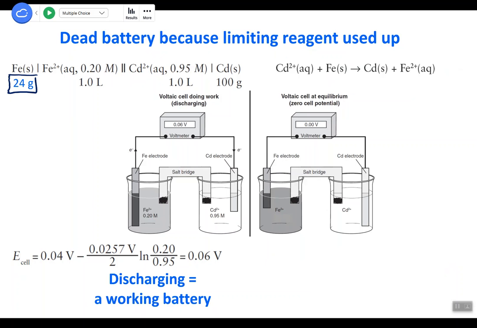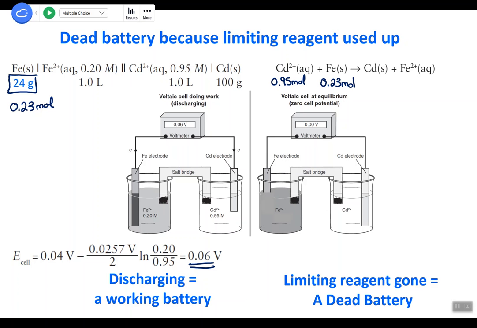But what if we started with less iron? 24 grams of iron is about 0.23 moles of iron. And if we started with 0.95 moles of cadmium, and the reaction proceeds the same way as before, it proceeds until it dies, because we've lost 0.23 moles of our iron.